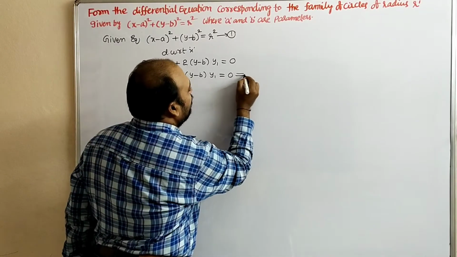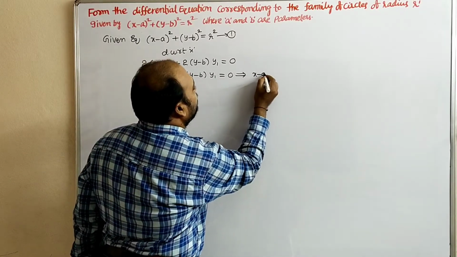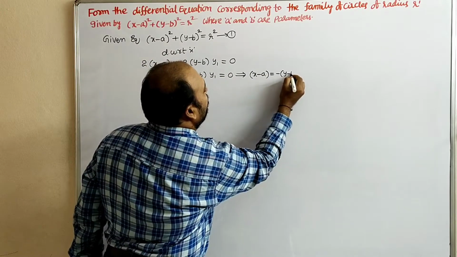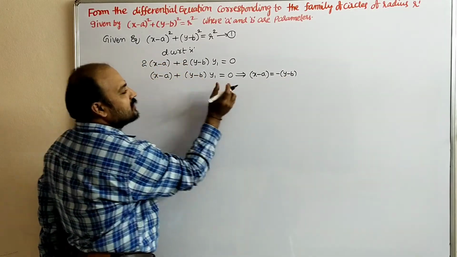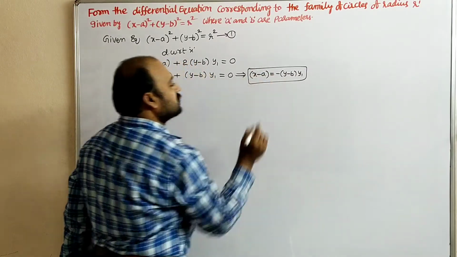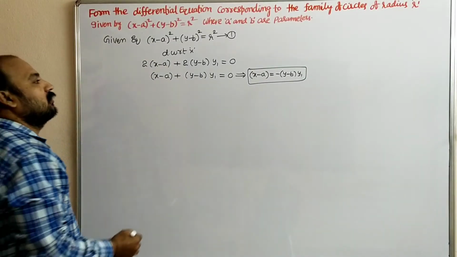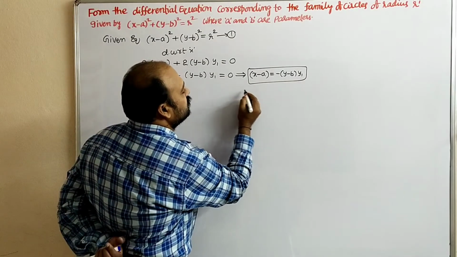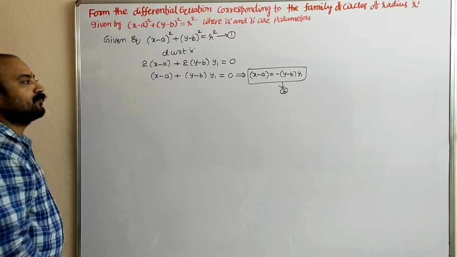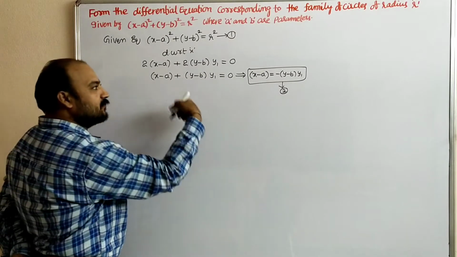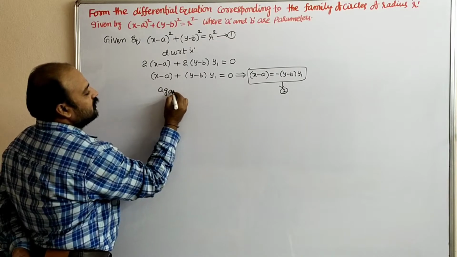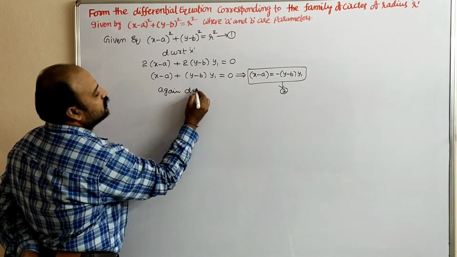From this you can make x minus a the subject: minus of x minus a equal to minus of y minus b into y1. You put it in a box as equation number 2. After that, again differentiate with respect to x.